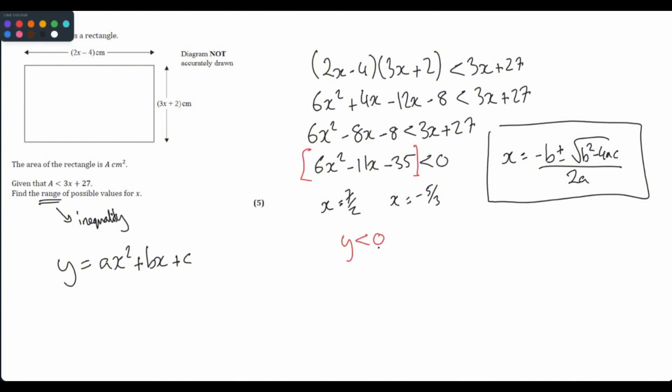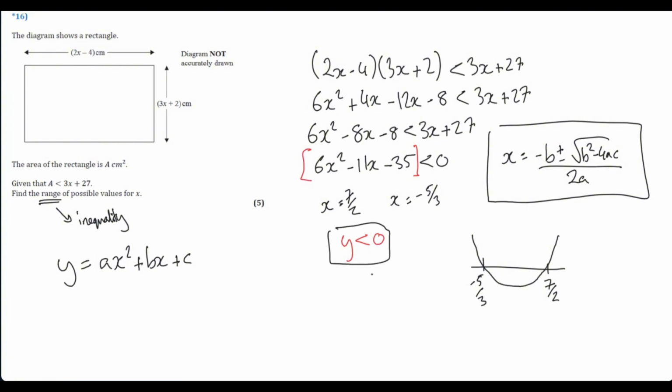What I can do then is, using these solutions, plot these 2 points. So let's say minus 5 over 3 is here, and 7 over 2 is somewhere over here. As this is a positive quadratic, it will go through like this. Now this is saying, where is y less than 0? Well, we know that above the x-axis is positive and below is negative.